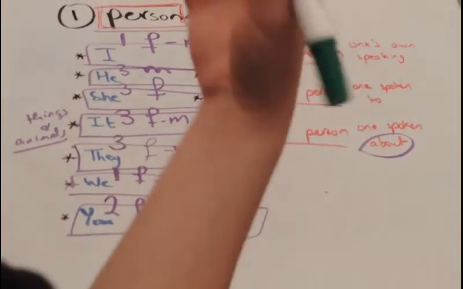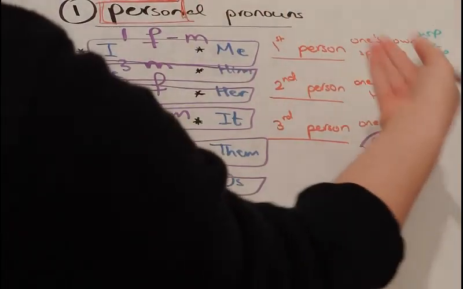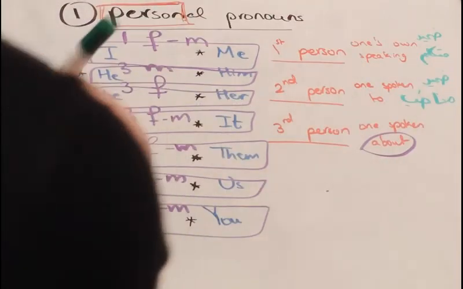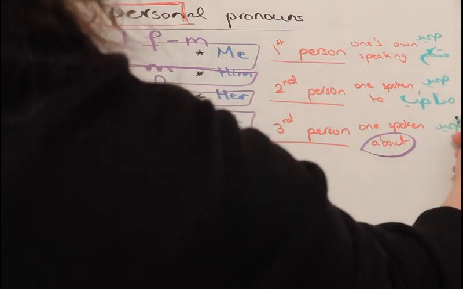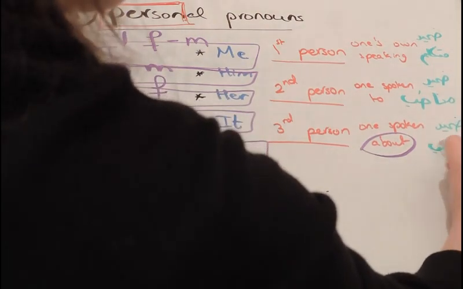First person in Arabic is ضمير متكلم. Second person is ضمير مخاطب. And third person is ضمير غائب.